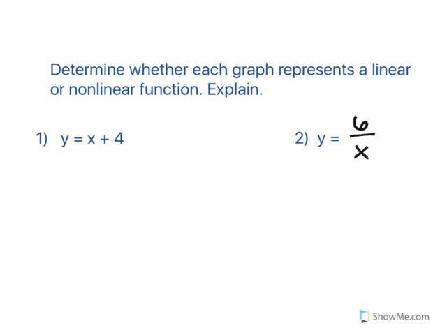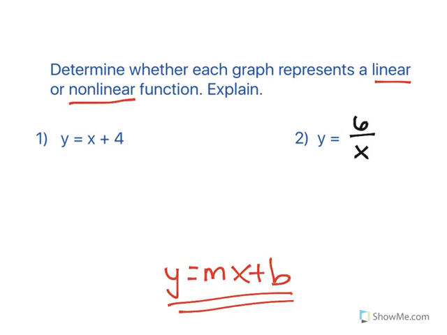All right, let's look at the last examples. This is determine whether each equation represents a linear, so a straight line, or nonlinear, like a curve, function. Okay, so let's go back. We know the formula, slope-intercept form, that we learned in the last chapter. We said y equals mx plus b. So if our equation looks like y equals our slope times x plus our y-intercept, if we can get it into this form, we know it's linear.